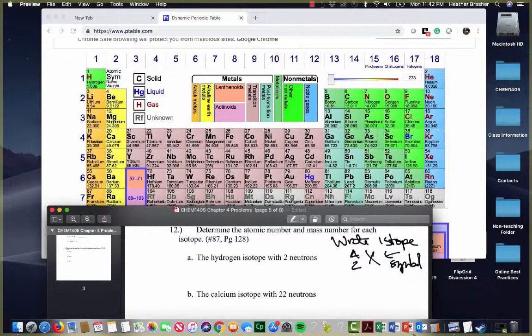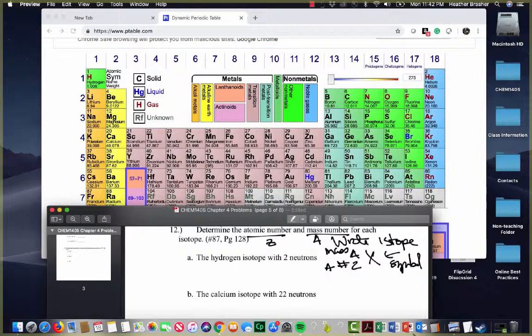The A is the mass, and this is the atomic number. So when we look at hydrogen, we're going to determine the atomic number, which is Z, and the mass number, which is A.